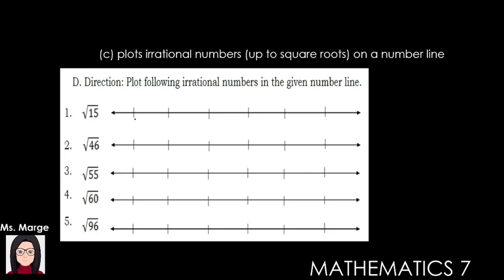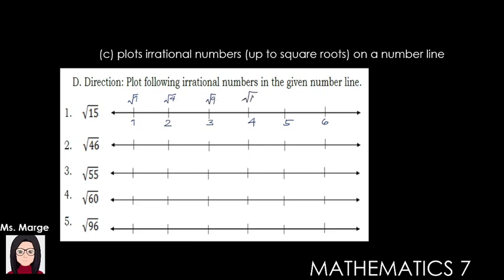We all know that pwede tayo magbilang: 1, 2, 3, 4, 5, and 6. And we all know na ito ay square root of 1, ito ay square root of 4. If you wonder kung paano nakukuha yan, 2 times 2 is 4. 3 times 3 is 9, and square root of 9.